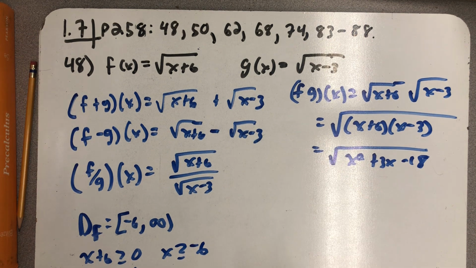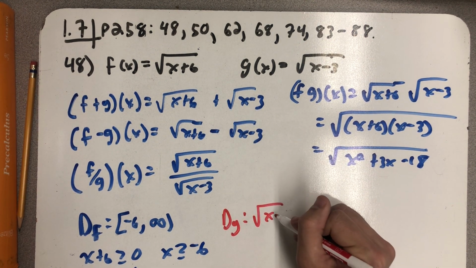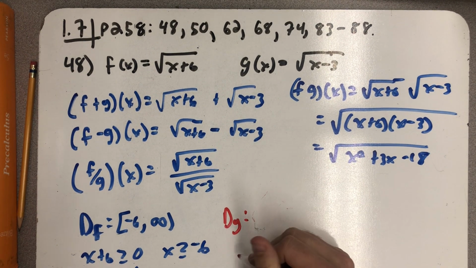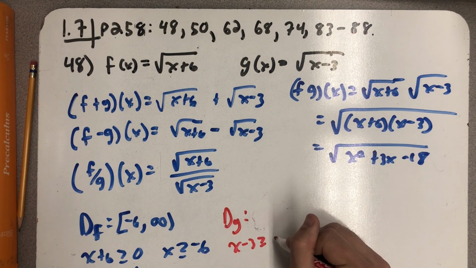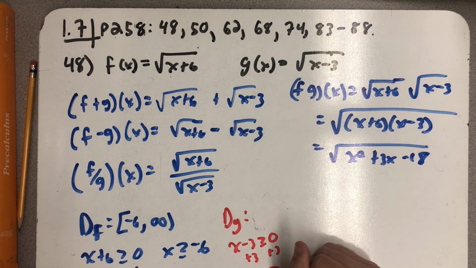The domain of g, I need x minus 3 to be greater than or equal to 0. So I add 3 to both sides, and I find out those are the x's to the right of 3.